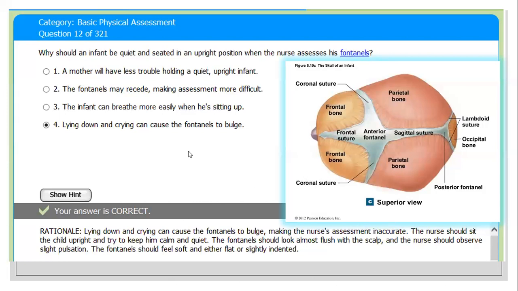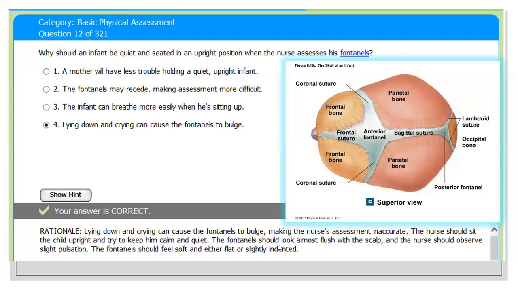So number 4 is the answer. Why? Lying down and crying can cause the fontanel to bulge, making the nurse's assessment inaccurate. The nurse should sit the child upright and try to keep him calm and quiet for accurate measurement.